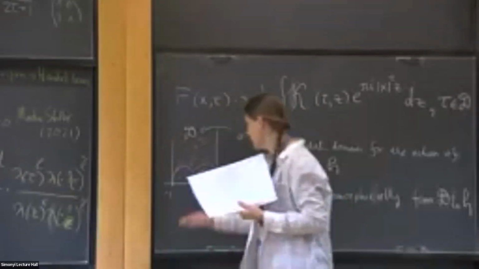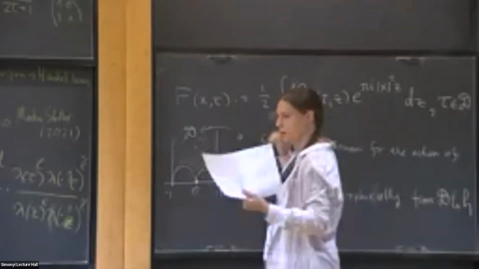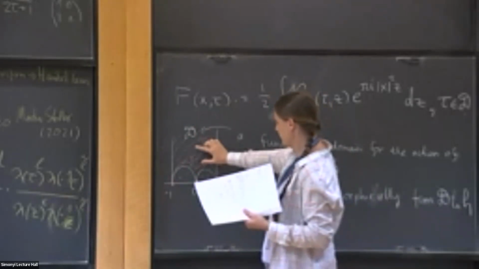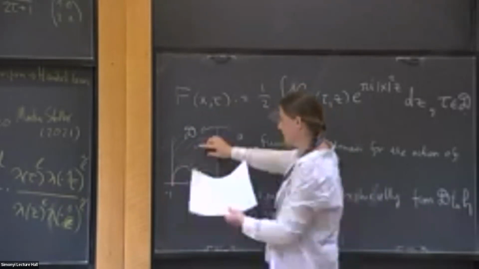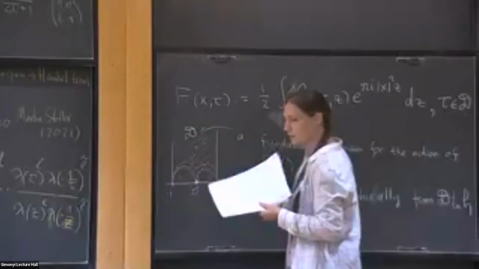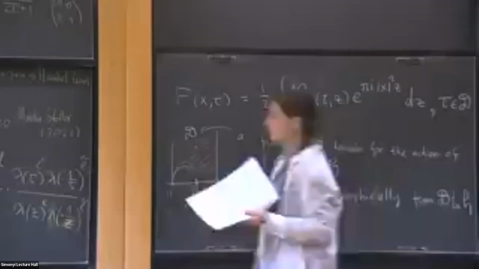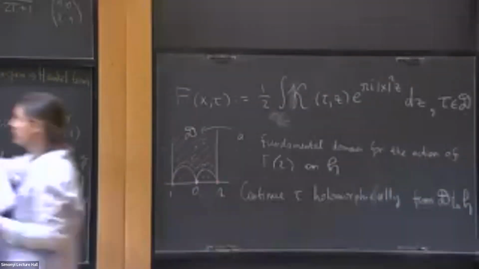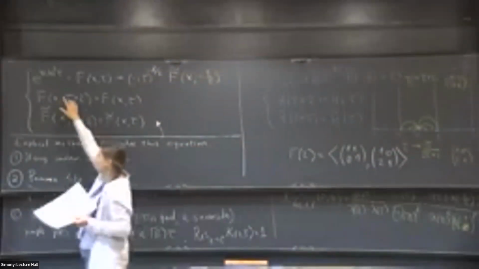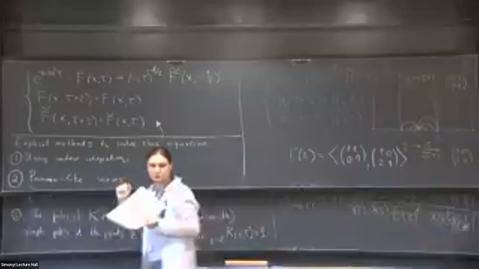And as we continue it to the whole upper half plane, it would happen that our point tau and the path gamma tau might actually collide. And this is how we will get this non-homogeneous part of our equation.